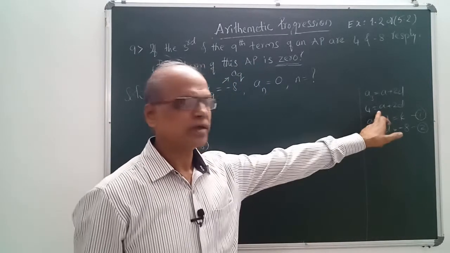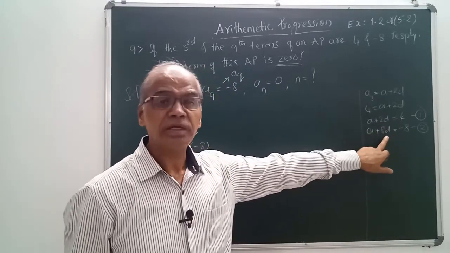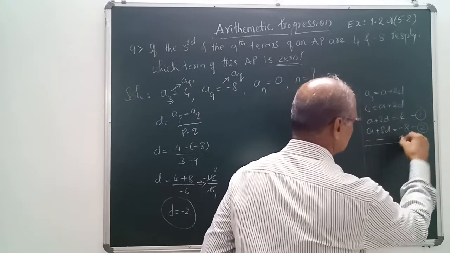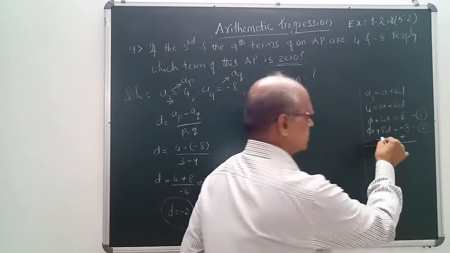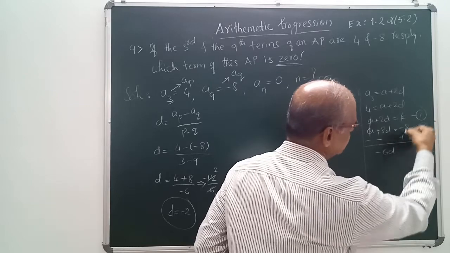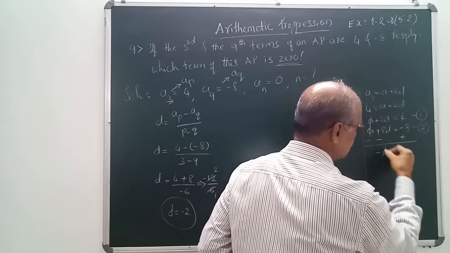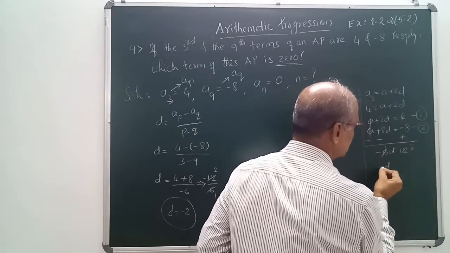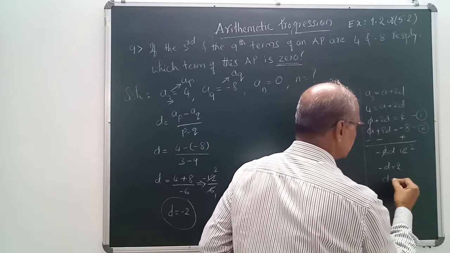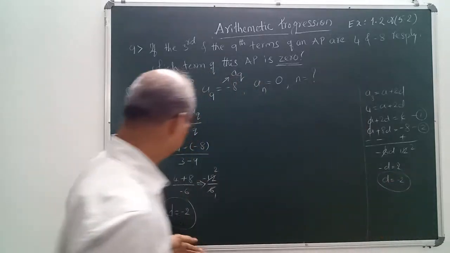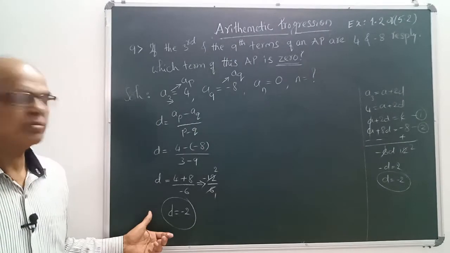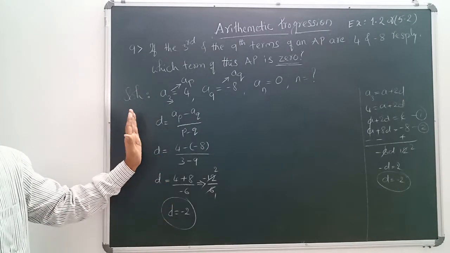Solving these simultaneously, changing the sign, a is cancelled, minus 8 and plus 2 is minus 6d. This is plus and this is plus, it is 12. 6 ones are 6, 6 twos are 12. So minus d is equal to 2. Send this minus to that side, d is equal to minus 2. This is one method to find d, and the other is the easiest method.